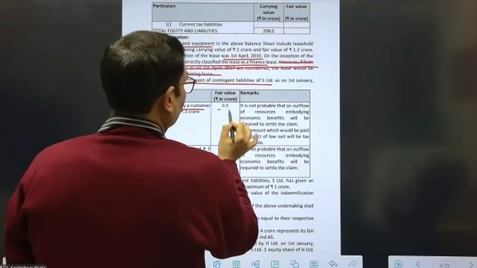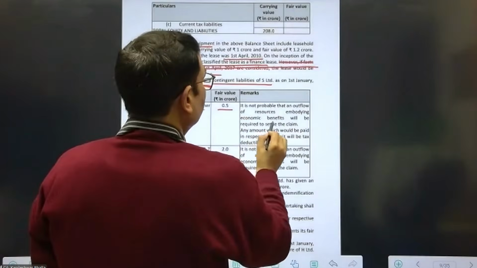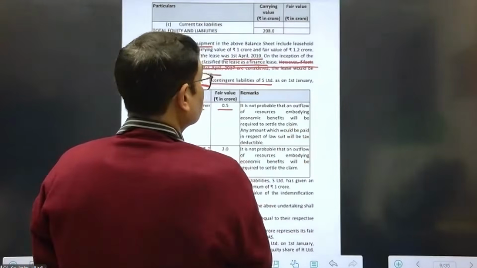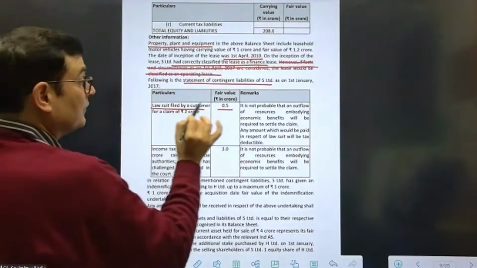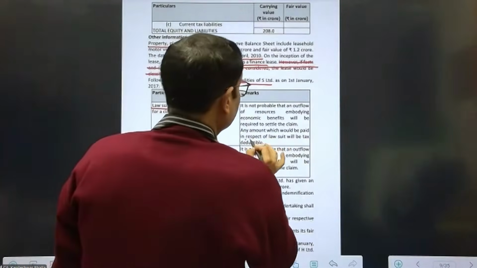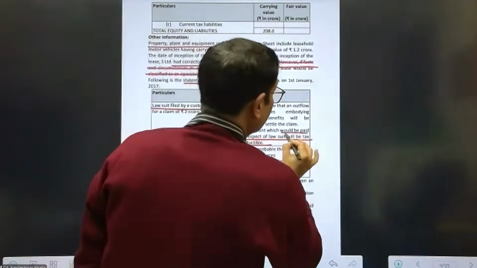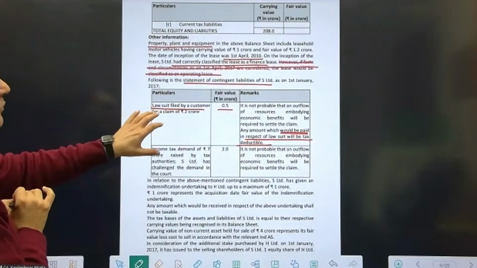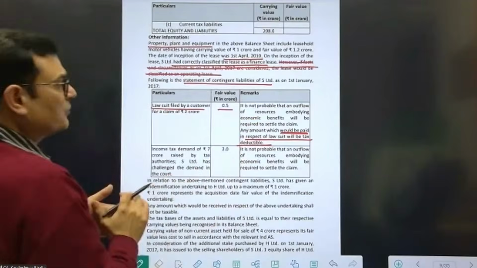It is not probable that an outflow of resources will be required to settle the claim. Any amount which would be paid in respect of the lawsuit is tax deductible. So he's also given you that any amount which you will pay is going to be tax deductible only when you pay this amount. So can I say when you pay this amount, it becomes tax deductible. So as of today, is this going to lead to a deferred tax implication?